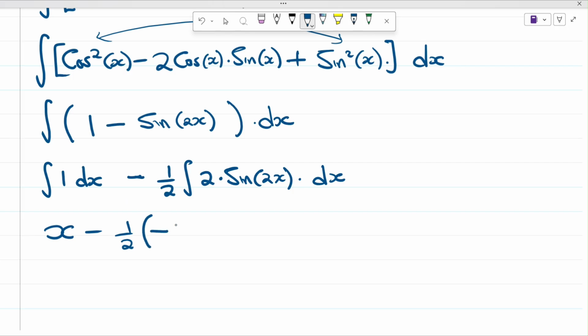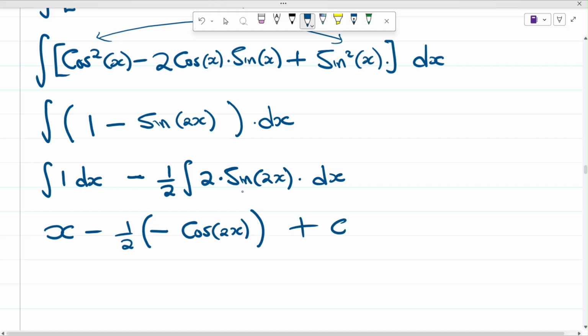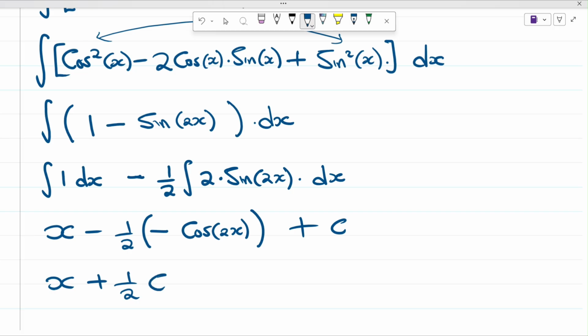So negative cos of 2x was differentiated for us to get positive sine, plus c. Then we can simplify this further and say this is equivalent to x plus 1 over 2 cos of 2x plus c. Then ta-da, you have your answer.